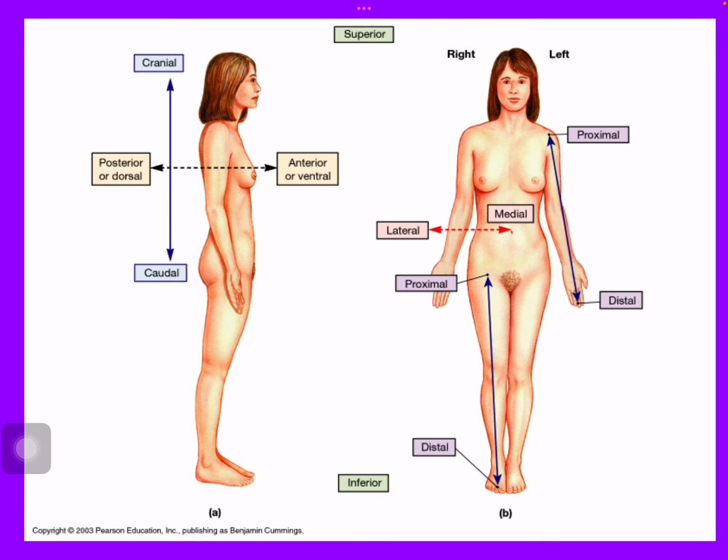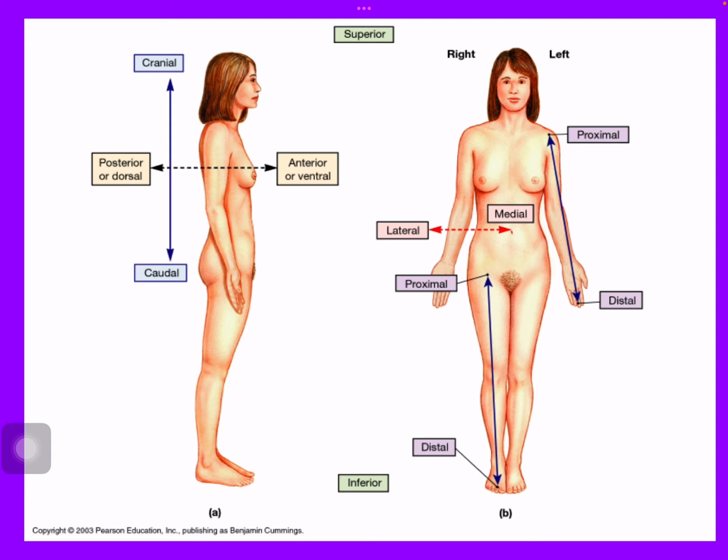Here the female is shown in posterior view, lateral view, and anterior view, cranial to caudal view. Superiorly you can see here, starting from right and left. On the right you can see the lateral, proximal to distal.